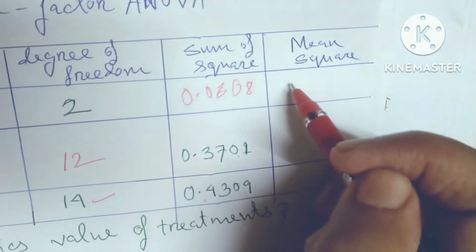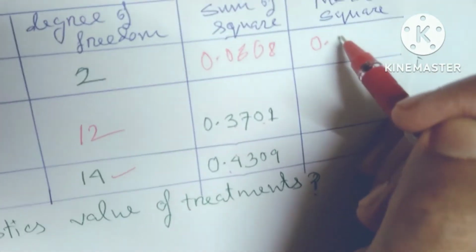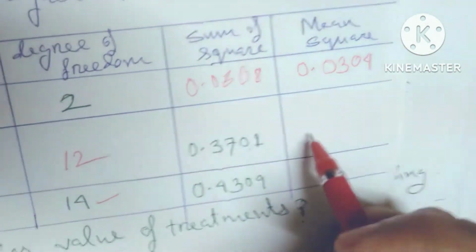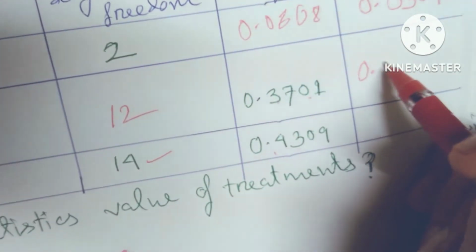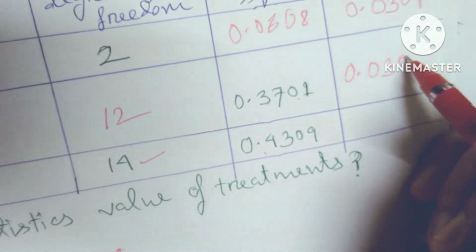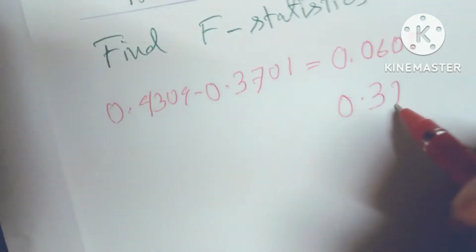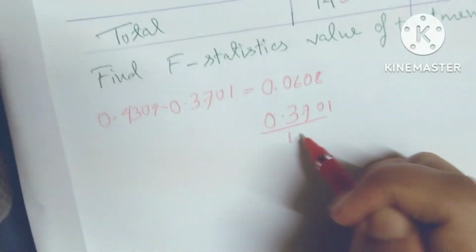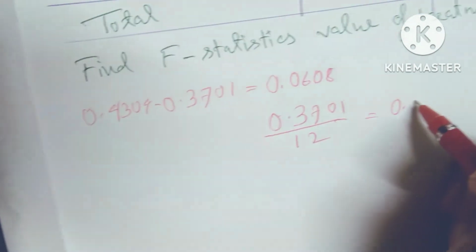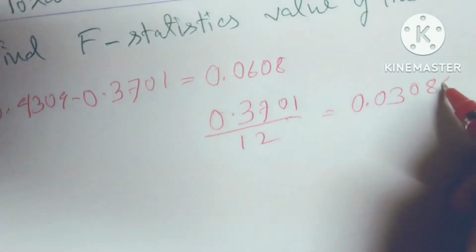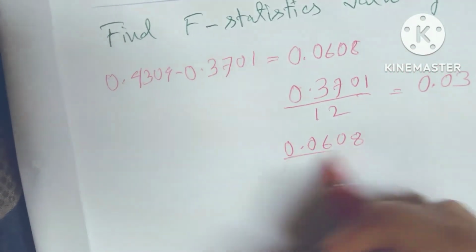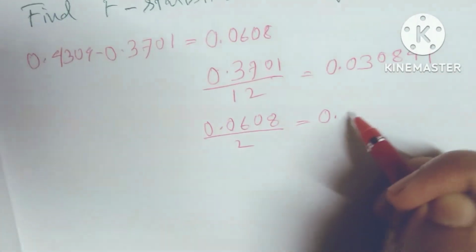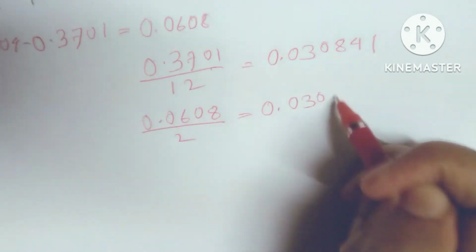is equal to 0.0304, and the mean square of the error, MSE, is equal to 0.030841, as 0.3701 divided by 12 equals 0.030841, and 0.0608 divided by 2 equals 0.0304.